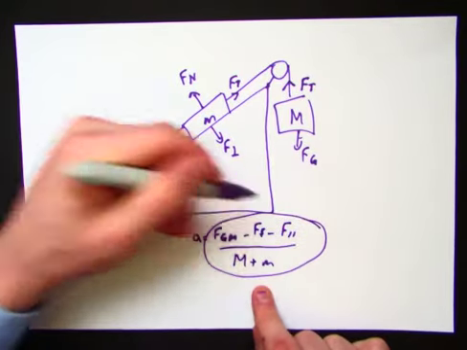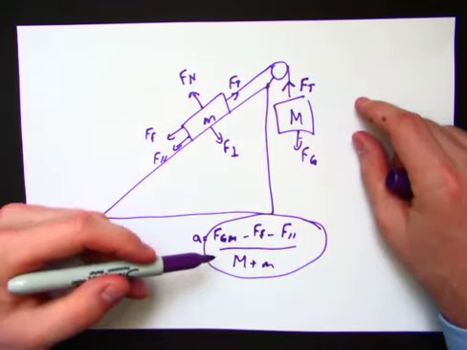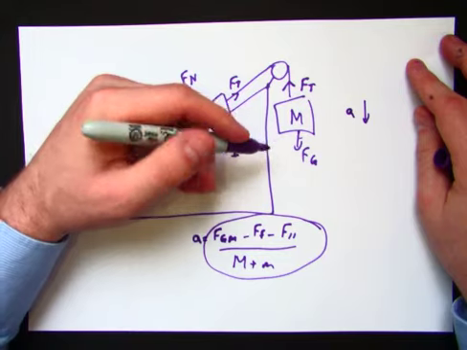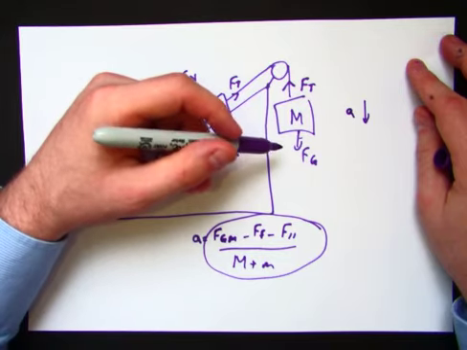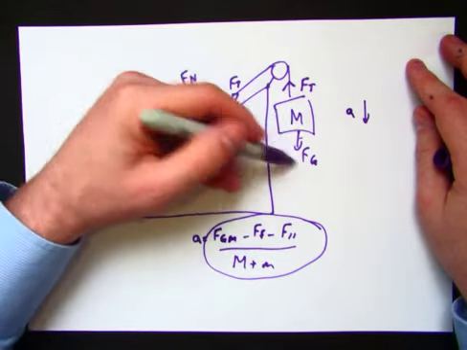Once I know this acceleration, and calculating it all out, I can take this and plug it into this. So let's say it's accelerating down, which is according to my diagram, that's the way it's accelerating. What I can do is take this acceleration and say, well, what's the net force only on this object? You can isolate it.